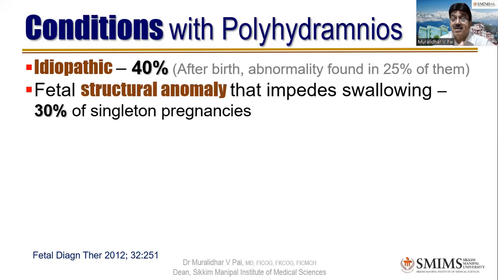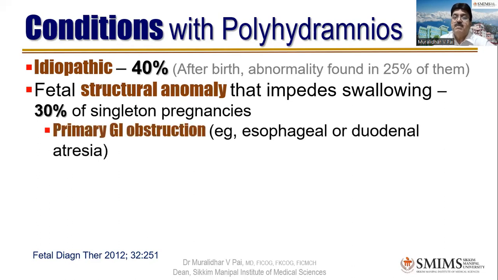The fetal structural anomaly that impedes swallowing. Basically, as you saw, it is increased production or decreased swallowing. So the structural anomaly that impedes swallowing contributes 30% for the polyhydramnios in singleton pregnancies. For example, primary GI obstruction in the form of esophageal or duodenal atresia.